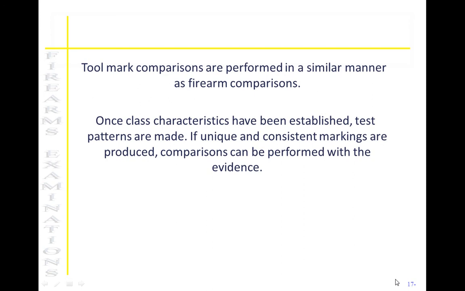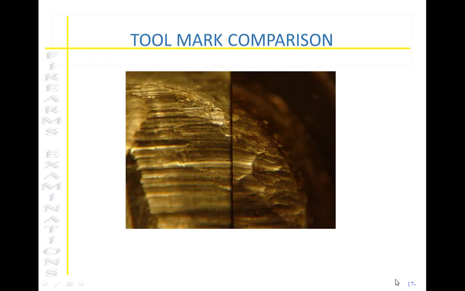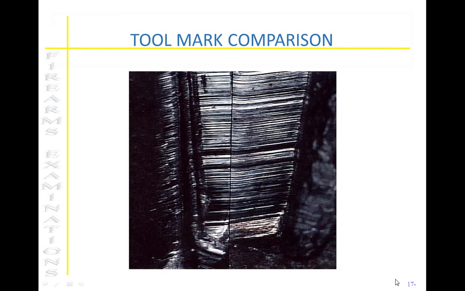And this is also going to be performed with the aid of the stereo microscope that is a comparison microscope. So this is an example of a tool mark comparison. You're also usually working with scratches and striations. And another example.